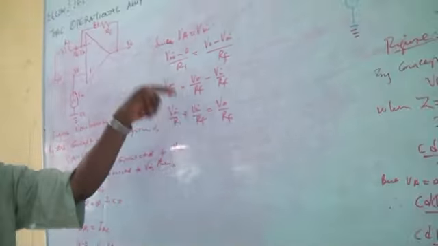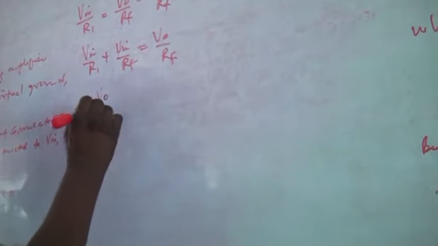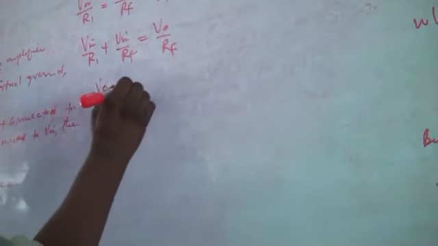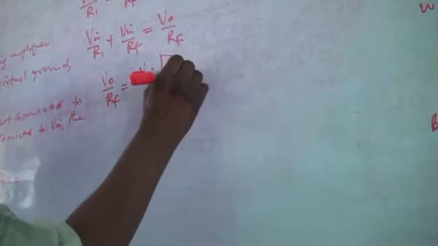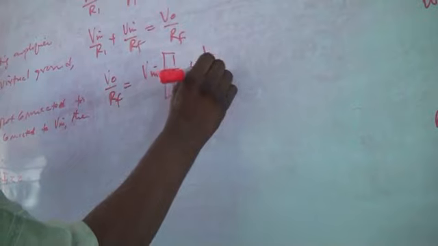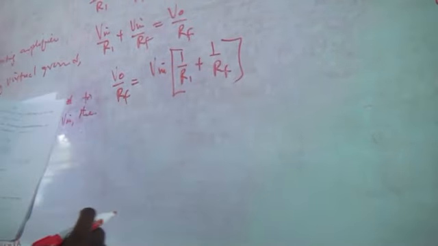Abi? Yes. So if you have this relationship, what is expected of you to have at this juncture is V naught over RF equals to V in bracket 1 over R1 plus 1 over RF. Are we there?